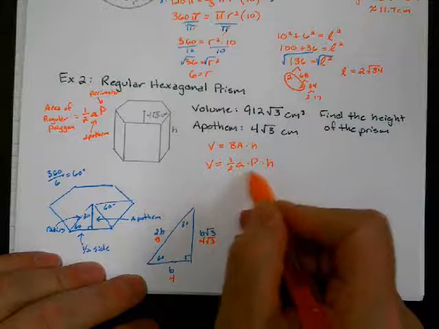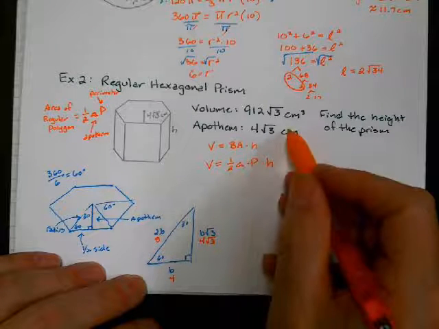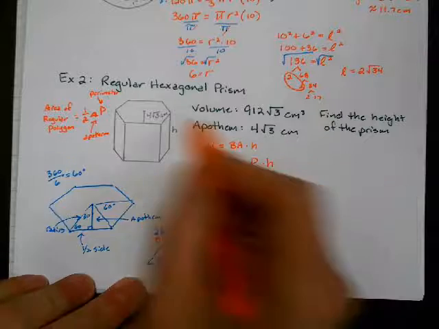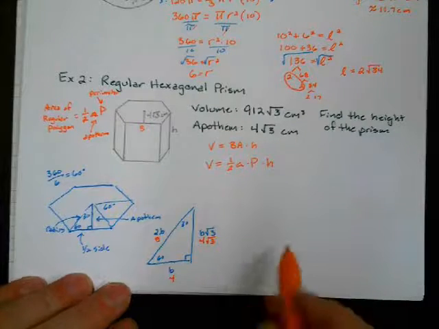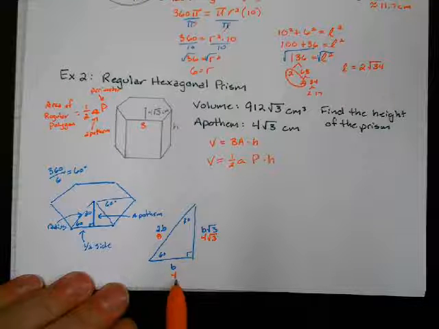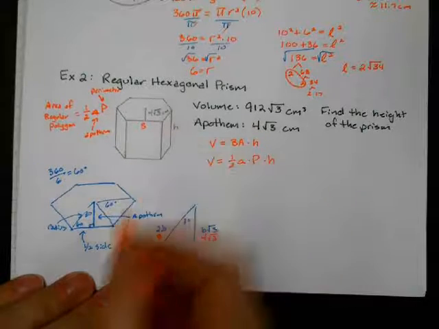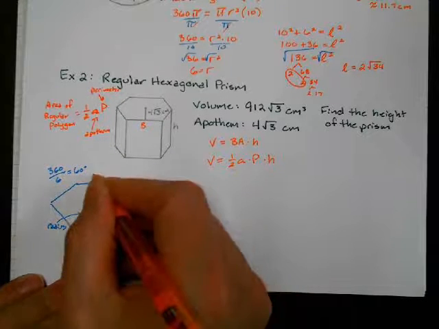Now we just found out that we've got the apothem, and we can actually find out the perimeter now, because this whole side length has to be 8. Why? Because half the side we just found out here was 4. So if half the side is 4, this is 8. So all of these are 8 here, 8 here, 8 here, 8 here, 8 here, 8 here.